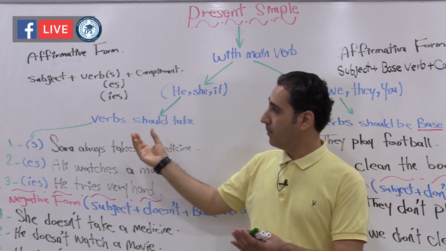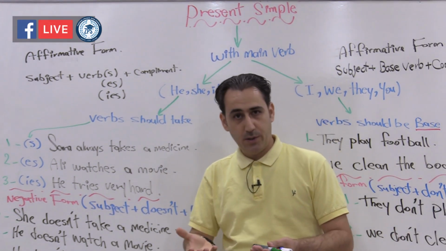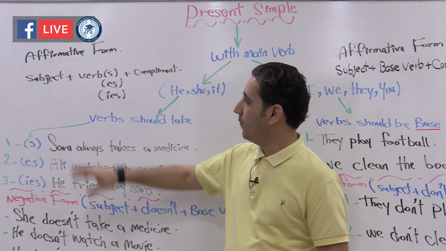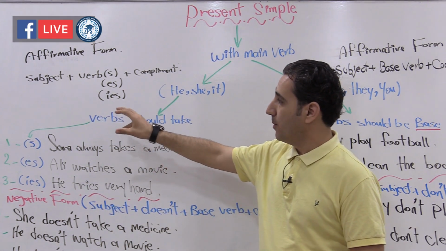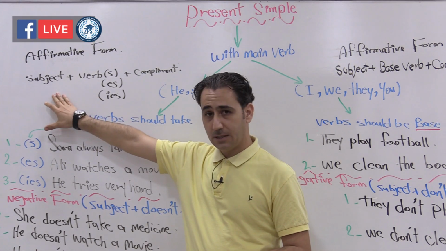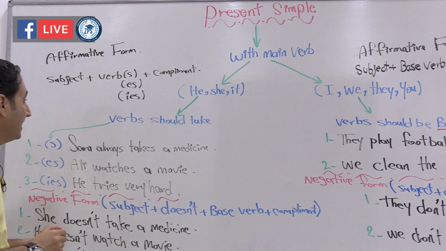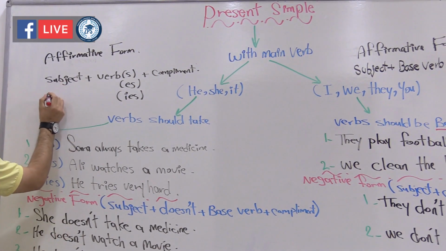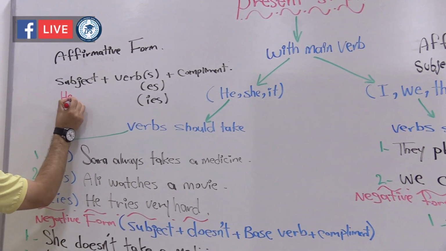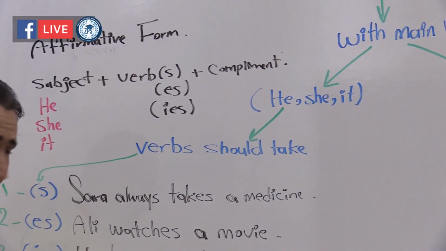The form, or as you usually say, the rule and the form of the present simple tense with singular pronouns is like this: the subject should be he, she, or it. Let me tell you something, guys, okay?